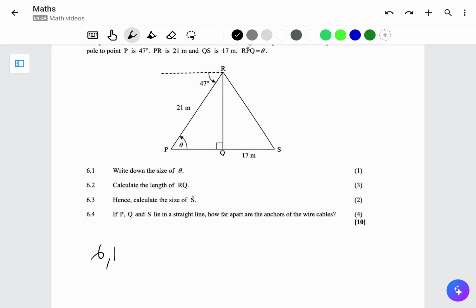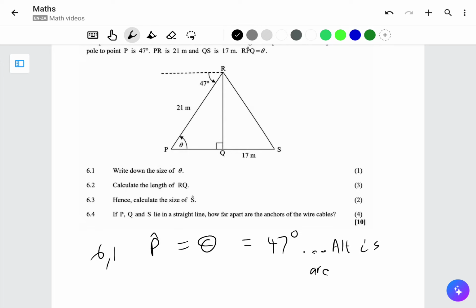I know that angle P, which is equal to theta, is actually equal to 47 degrees. And why do I say this? Because I know that alternate angles are equal.